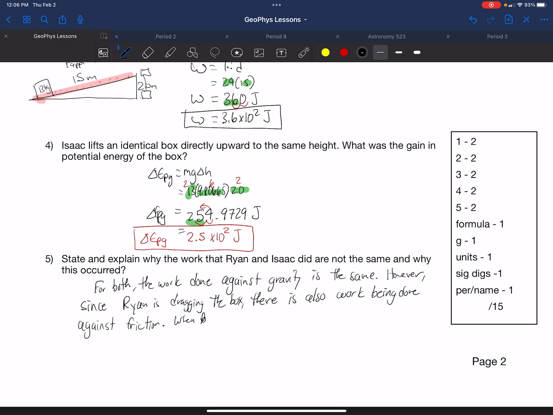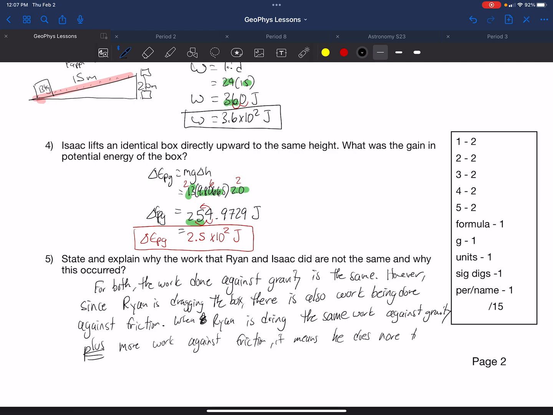When Ryan is doing the same work against gravity, plus more work against friction, it means he does more total work.